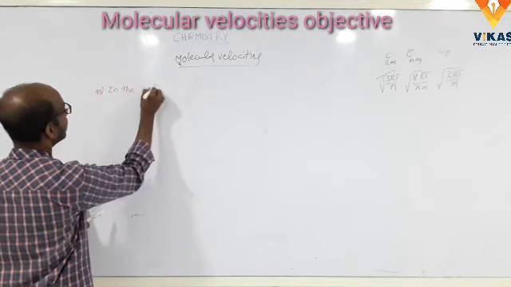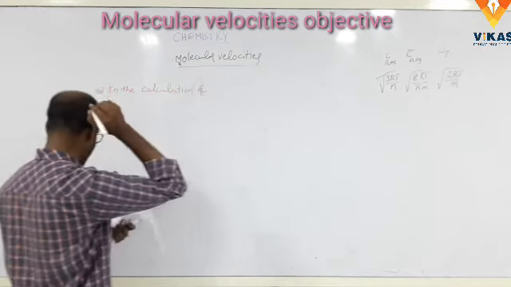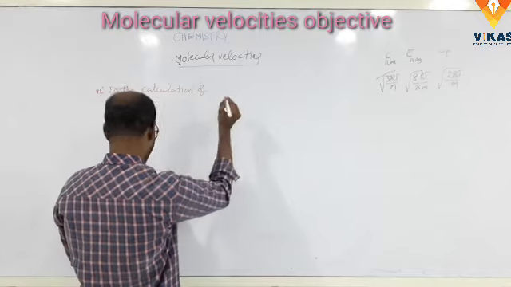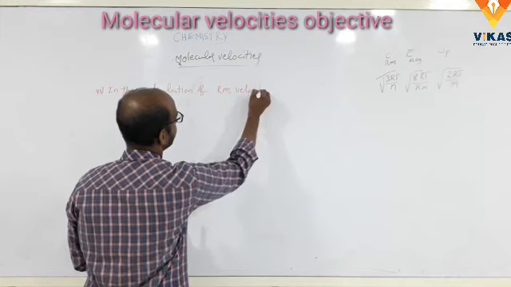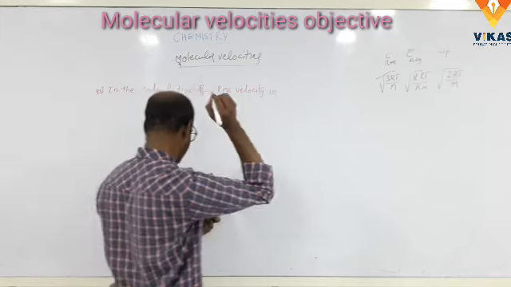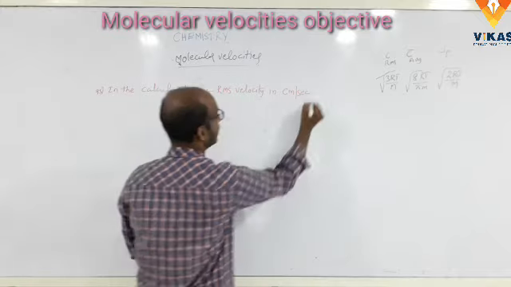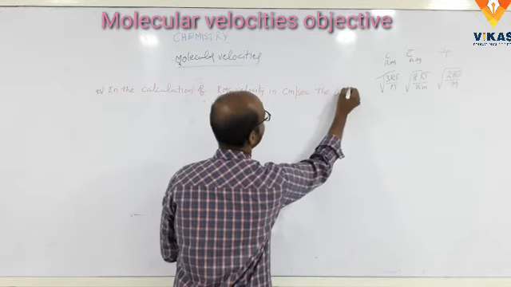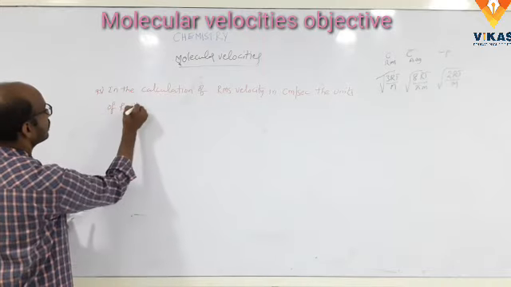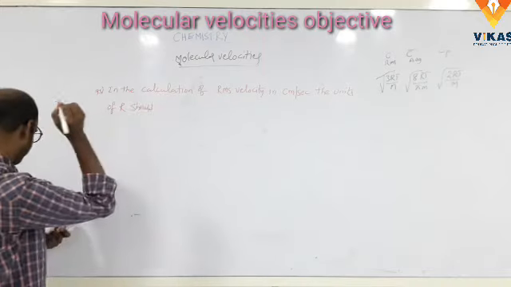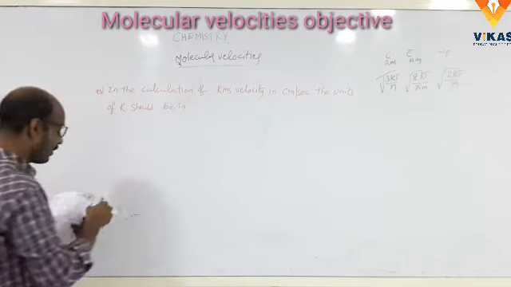In the calculation of RMS velocity in centimeters per second, the units of R should be in, and here four options are there.